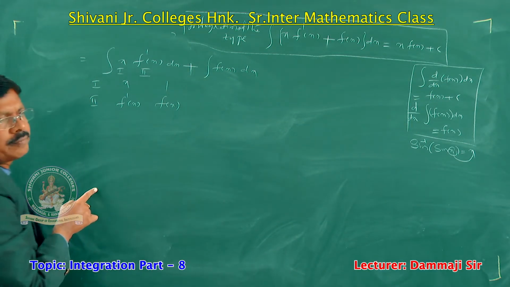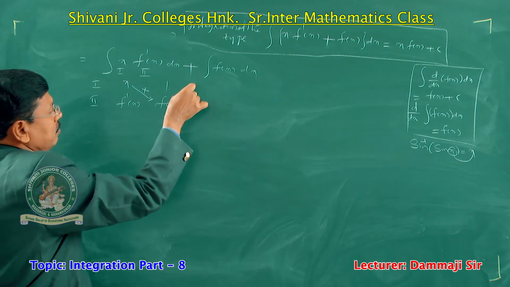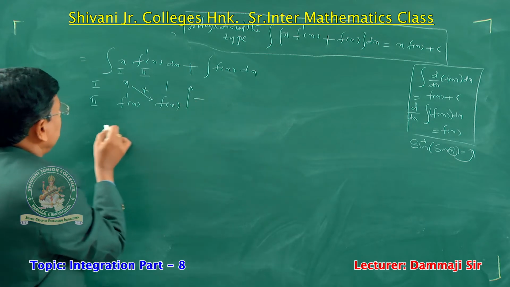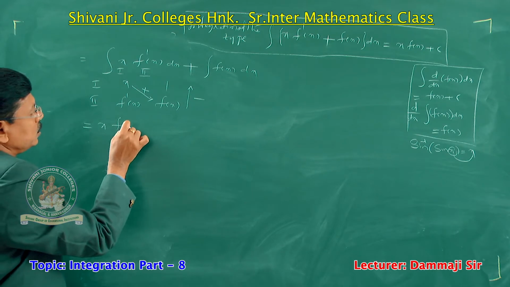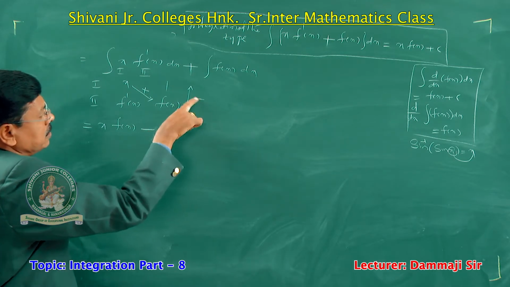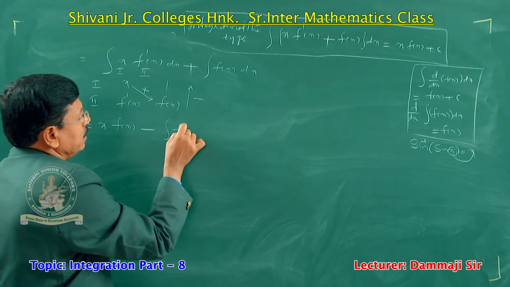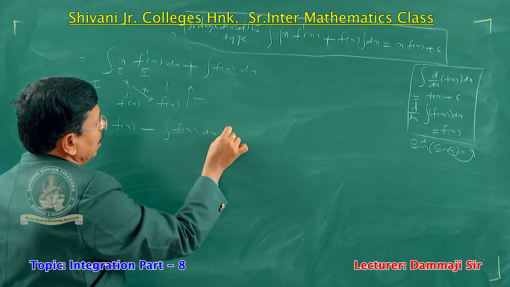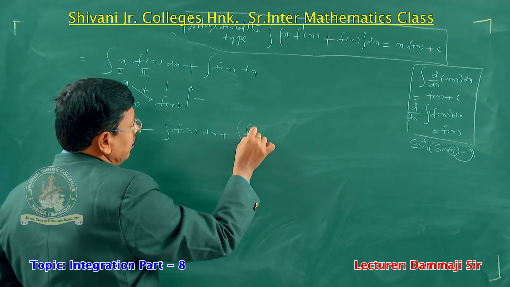Now we have the process: x into f of x, minus the product of 1 into f of x, that is, the integral of f of x. The second term of the integration cancels, so the result is x into f of x.